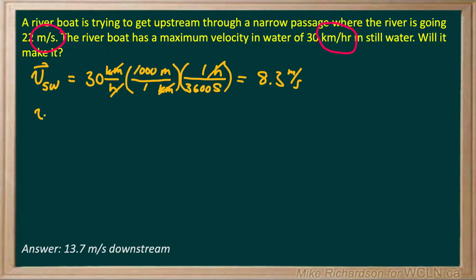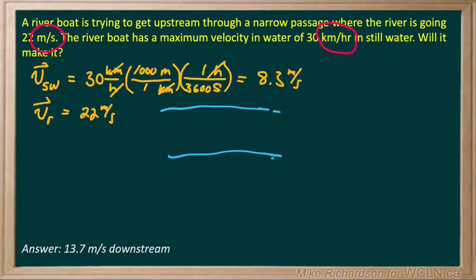Now the river velocity, we're going to leave because they match now, at 22 meters per second. Now let's get this question a little bit more organized. I've got this river. I'll just draw a random river like this. There's the shores of the river. Let's imagine the river is flowing from right to left.